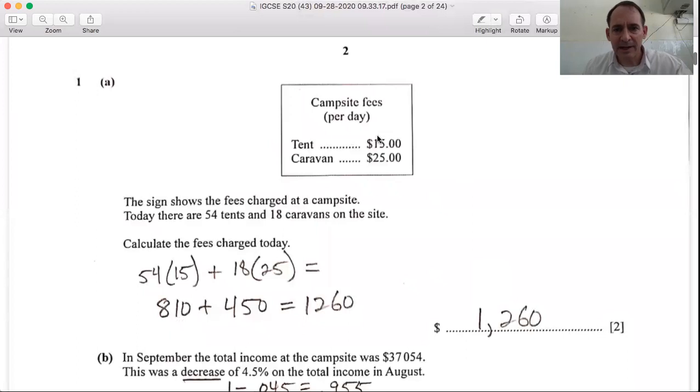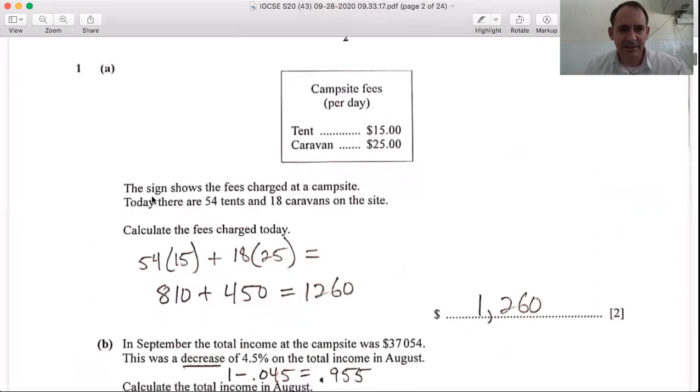Number one has campsite fees per day. Tent is $15, caravan is $25. So it says the sign shows the fee charged at the campsite. Today there are 54 tents and 18 caravans on the site. Calculate the fees charged for today.